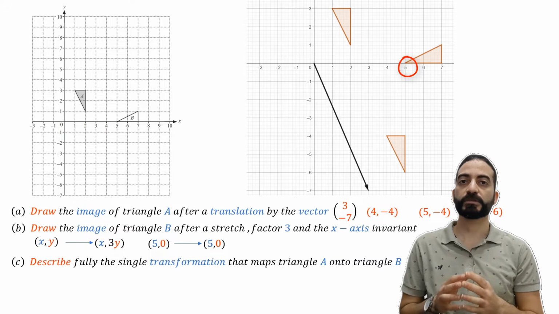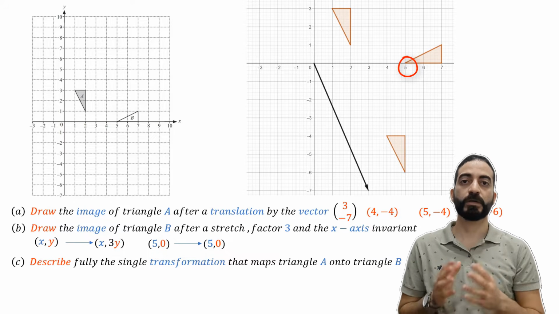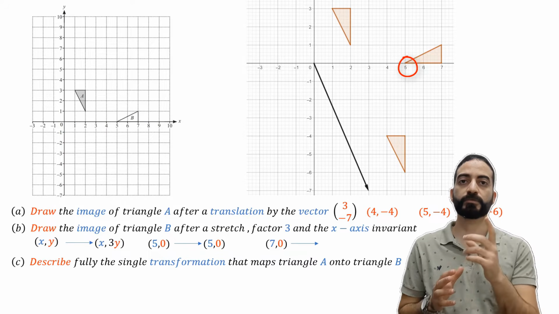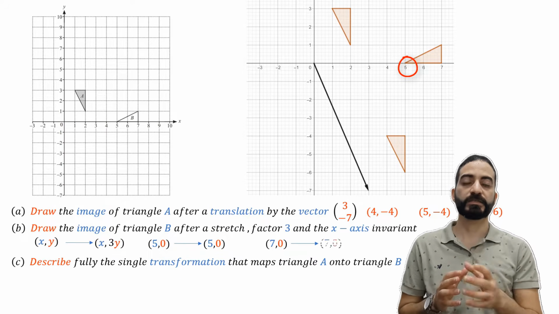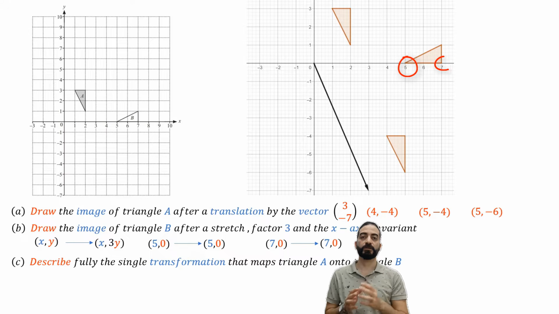Also, the point (7, 0) will become (7, 0 times 3). And the point (7, 1) in triangle B will become (7, 3 times 1), so (7, 3). Now we connect the points to get the image of triangle B.